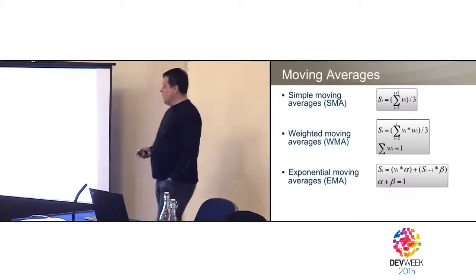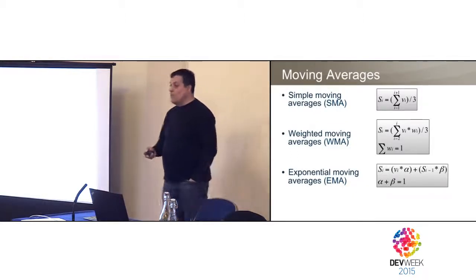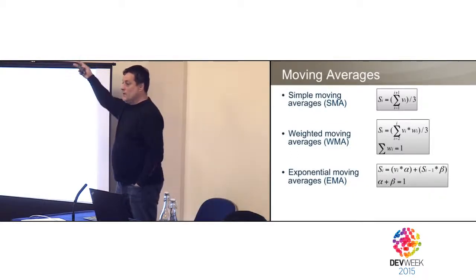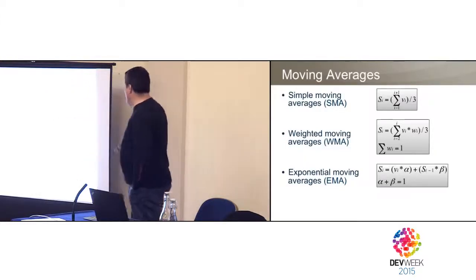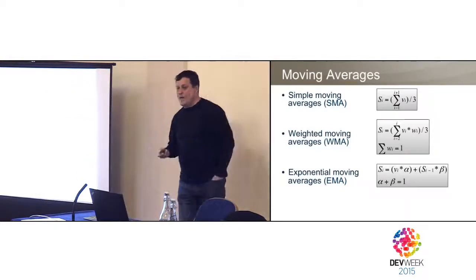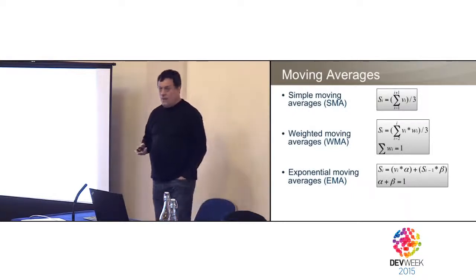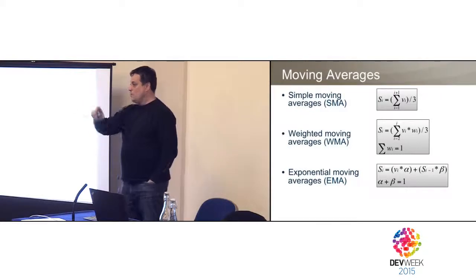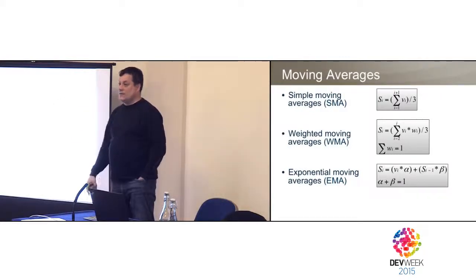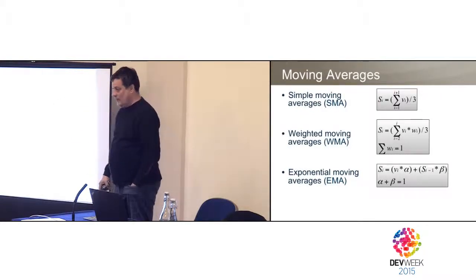You see, moving averages are smoothing the function of a variable in time. And they might be very useful in many cases, because you get rid of these peaks and valleys. You smooth the line, and it's easier to see the trend.